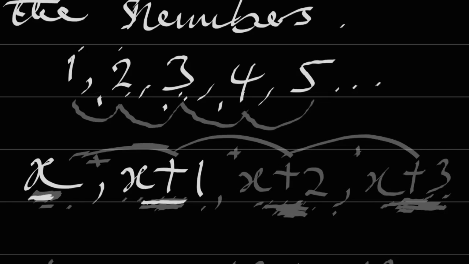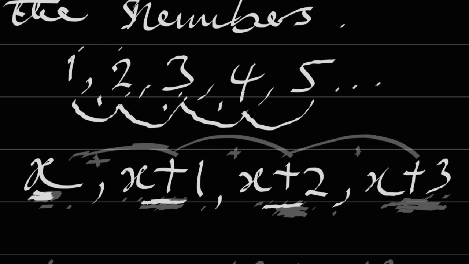We just added 1, just the way we added 1 to this one to give us the next one. That is what is happening. The first one is x. The second one is x plus 1. Then the next one will be x plus 2. Then the fourth one will be x plus 3.